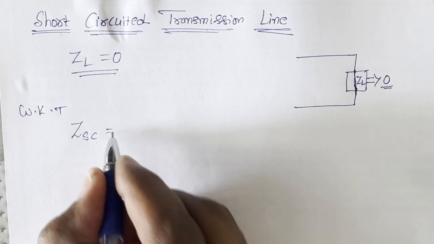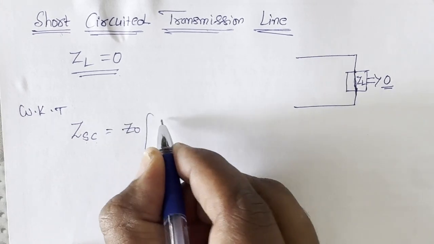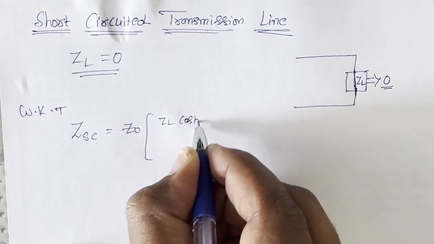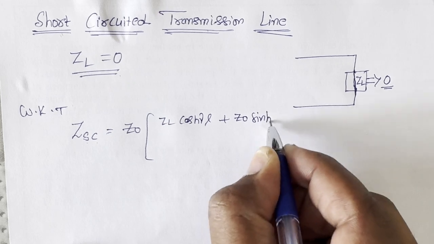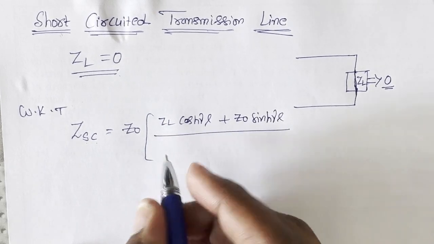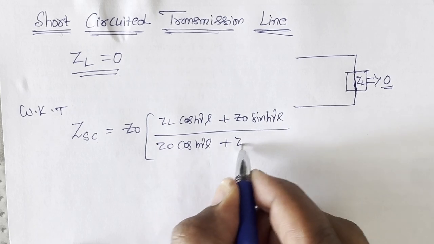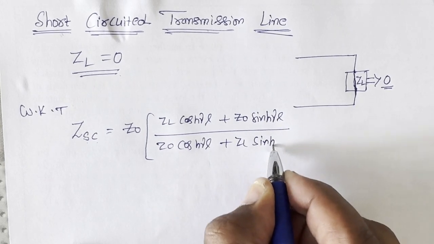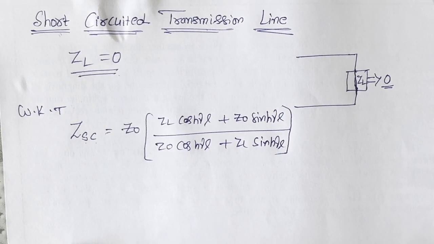ZSC equal to, we have the general formula, Z0 into ZL cos H gamma L plus Z0 sin H gamma L by Z0 cos H gamma L plus ZL sin H gamma L. It is the general formula we have.